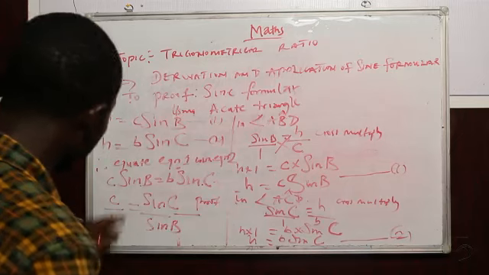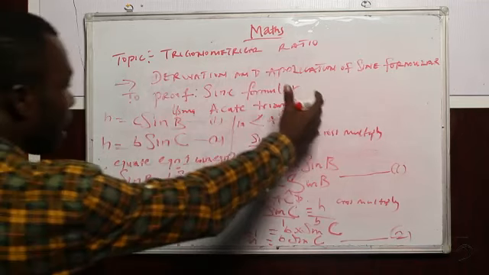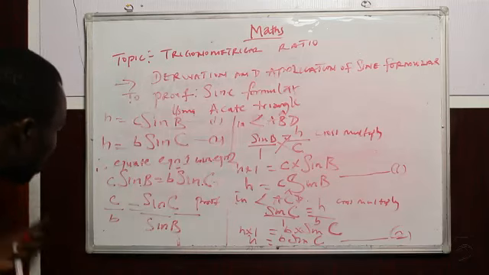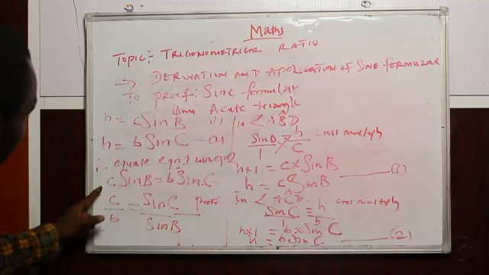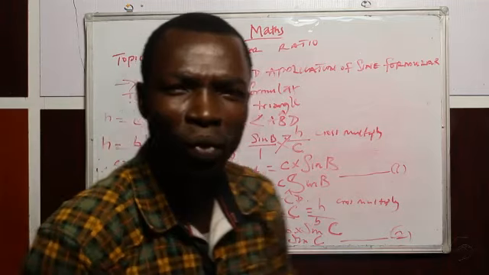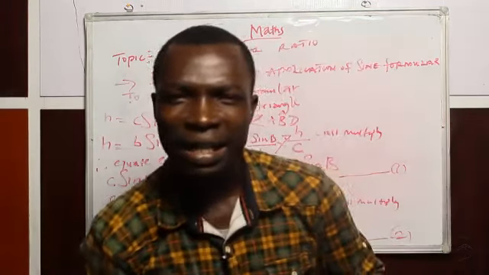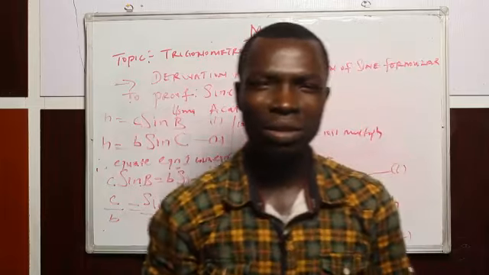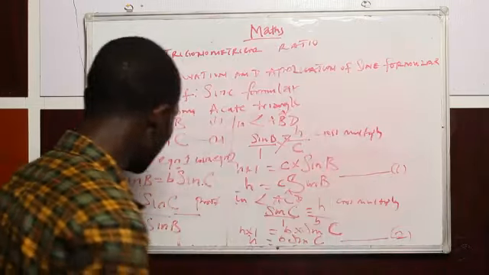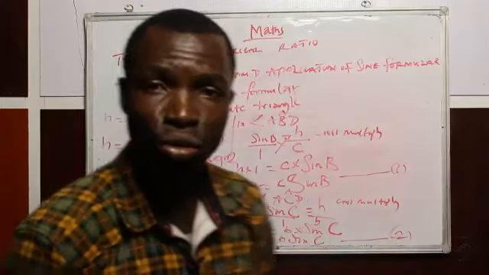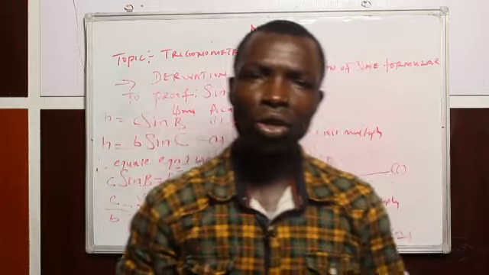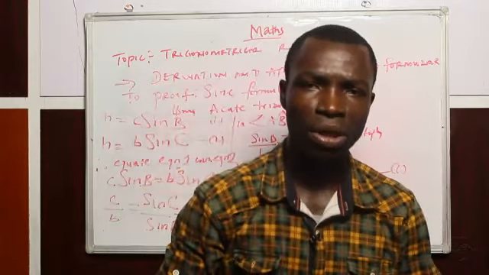The same thing is applicable if it is angle A we are considering, and if it is angle B we are considering, we use this formula: c over b is equal to sine C over sine B. It has been proven, and you can apply it to any question involving a triangle with two sides and two angles. I would like you to do a few evaluations to see how far you understood this topic.